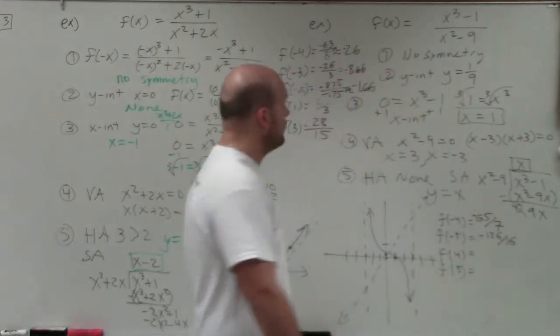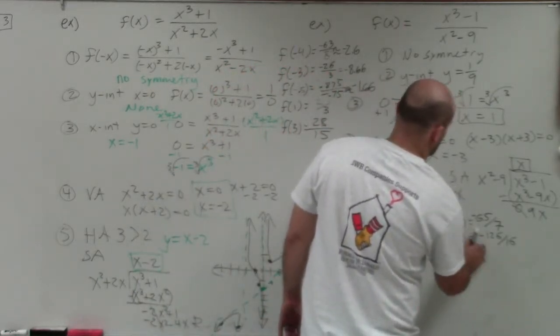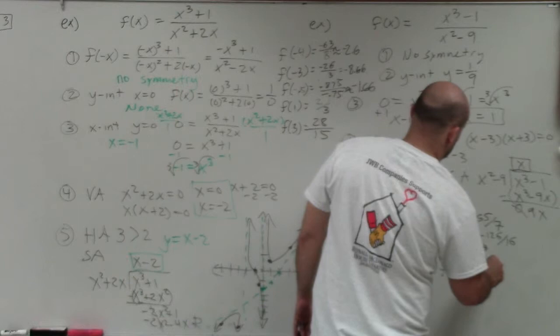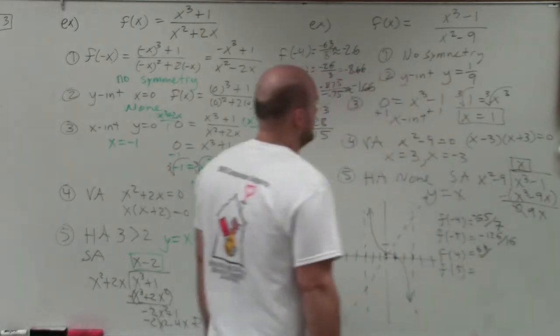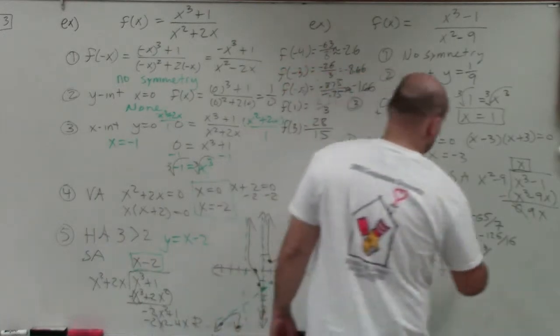Let's do 4. 4 cubed is 64, minus 1 is 63, over 7.